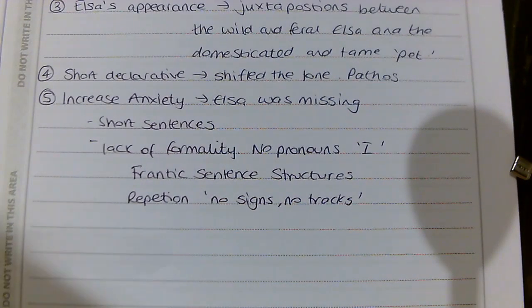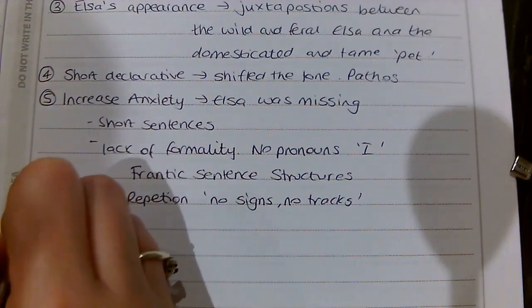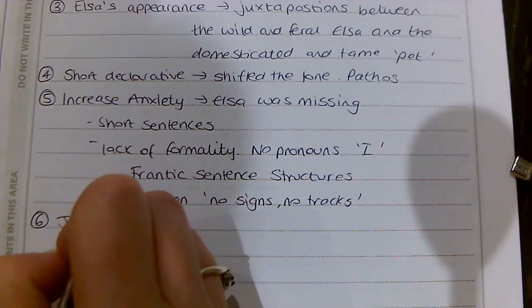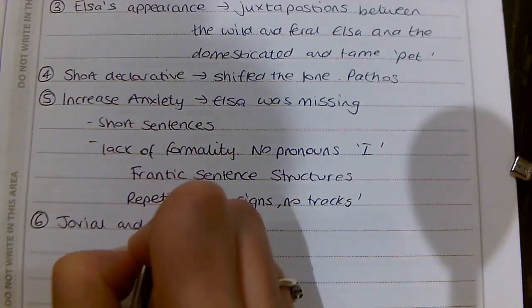And so we're thinking about the language and the features that are being used here, and so we can see how this is all contributing to that effect of really quite tense anxiety, that franticness, the sense of panic coming through. And then lastly, when Elsa reappeared, we had quite a jovial and playful tone.